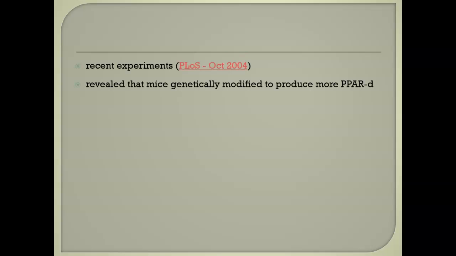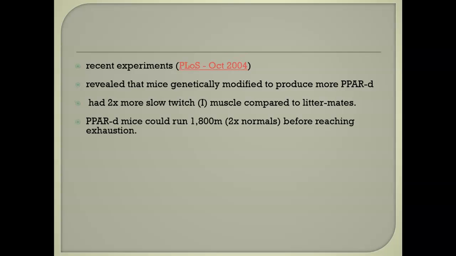They've done these experiments and introduced this into mice. What they noticed was that they had more slow twitch muscle being expressed compared to littermates. So they were studying fat and fat metabolism, and they came across this by accident.